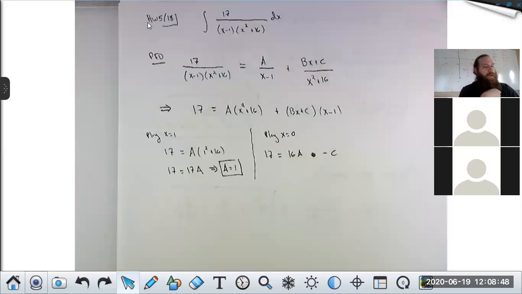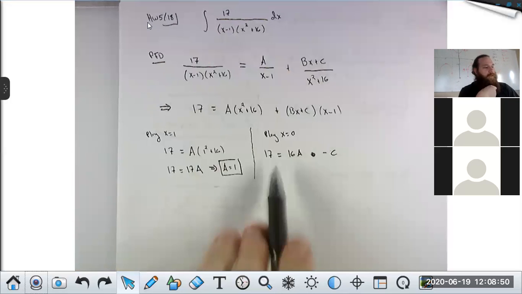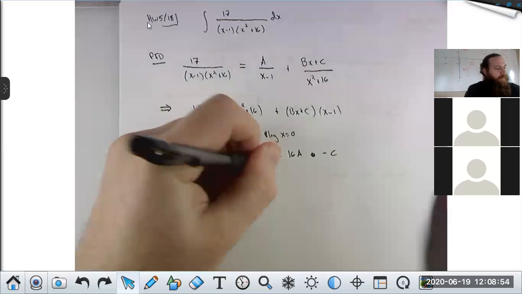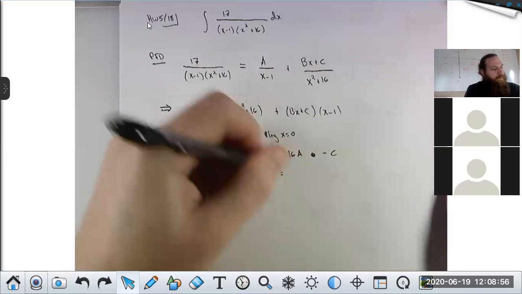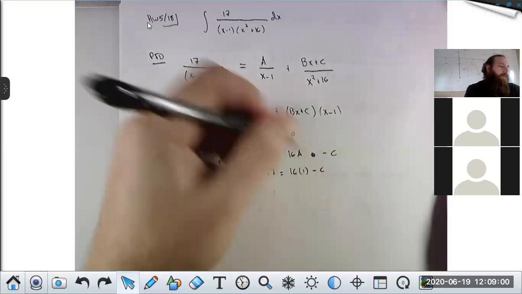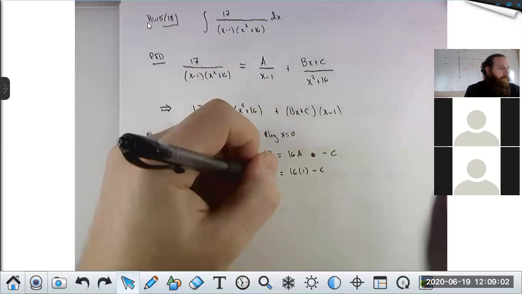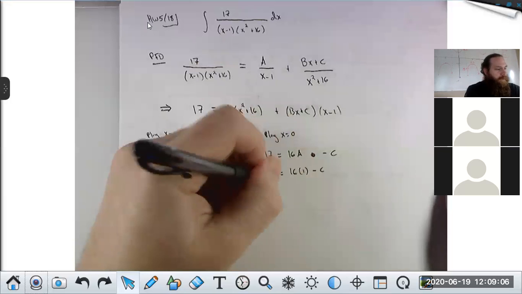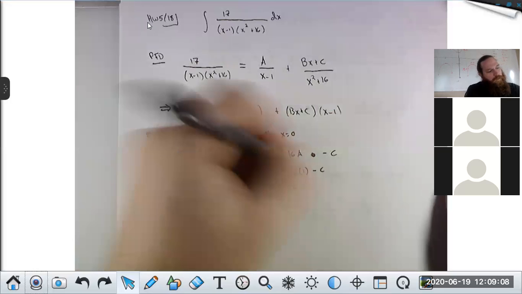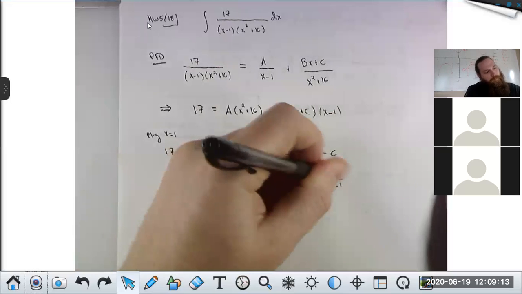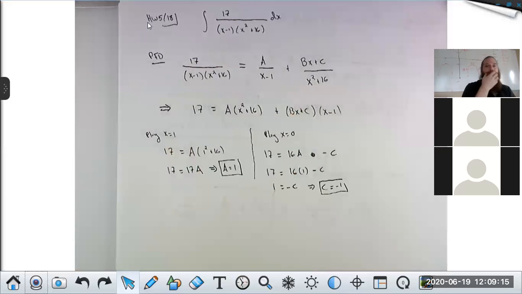Well, because I already found A, I can now solve this equation for C really quickly. This says 17 equals 16 times 1 minus C, which is the same. If I subtract this 16 over, I get 1 equals -C. So C is -1. Sneaky, sneaky, right?